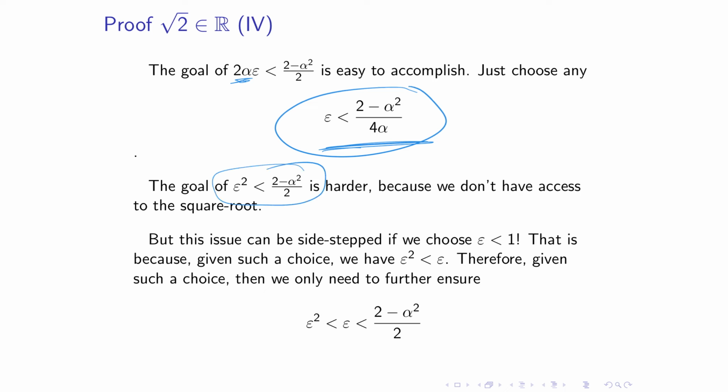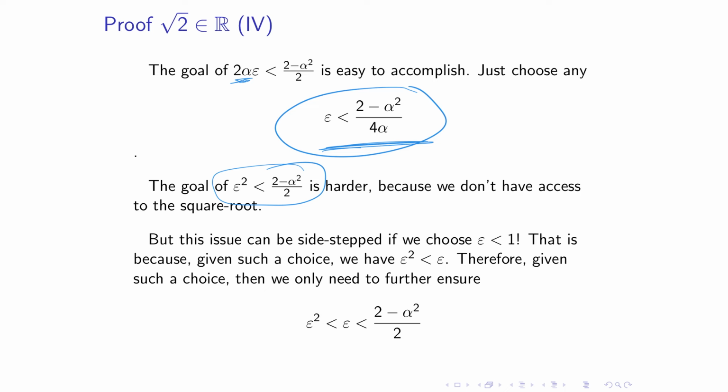Now, for the other part where we want epsilon squared less than (2 minus alpha squared) over 2, we don't quite have a solution for epsilon, and we can't take the square root because, again, square roots are not available to us. That's part of the point here, that it's not one of our fundamental objects like addition and multiplication. So how do we get around this roadblock?